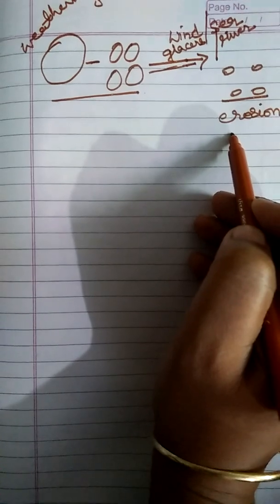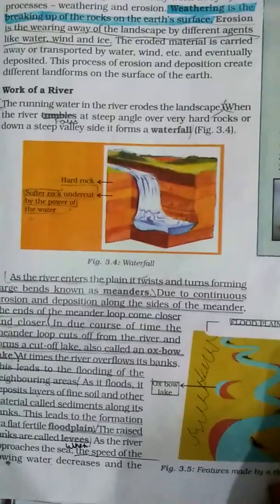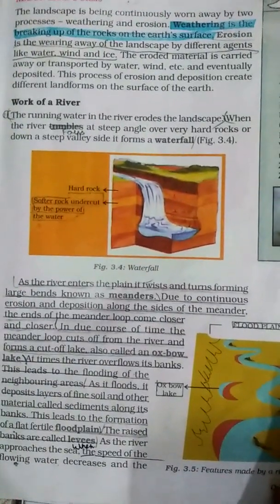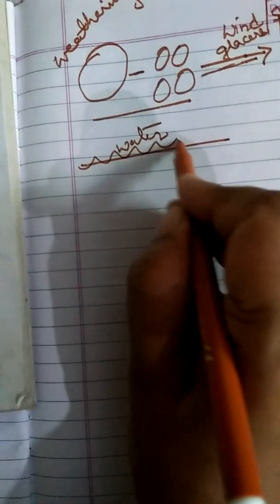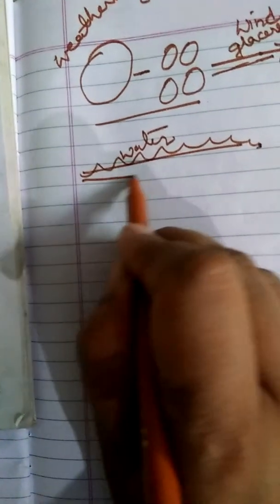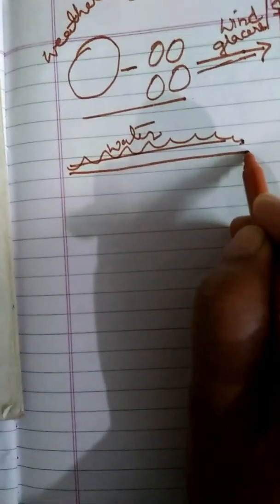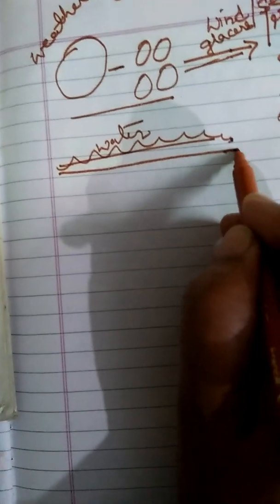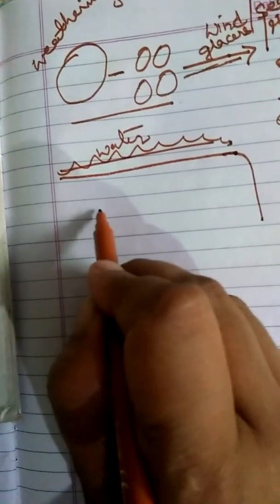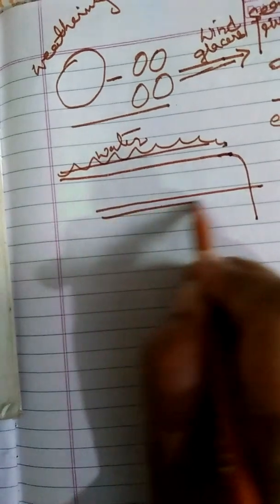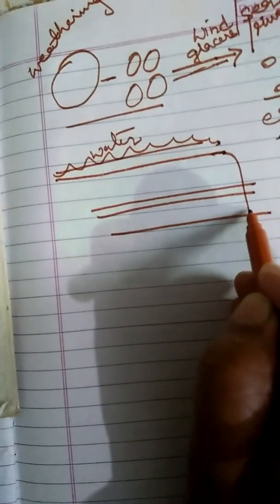Clear? Now, let's come to the work of a river. For this also, let me give you a diagram. Suppose this is running water. This water falls over a hard rock, and in between there is soft rock, and again when it falls down there is hard rock.